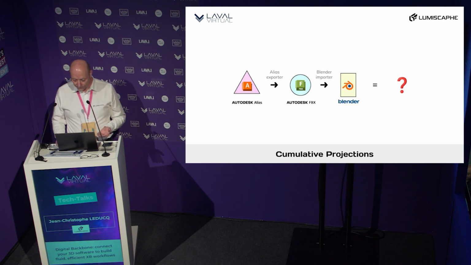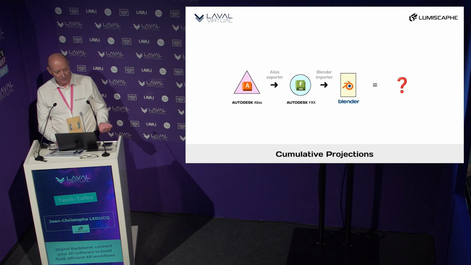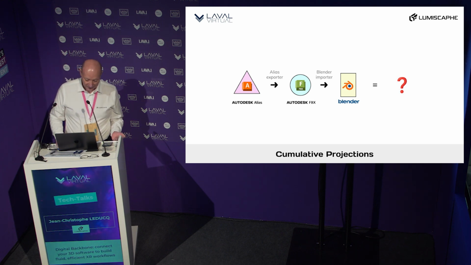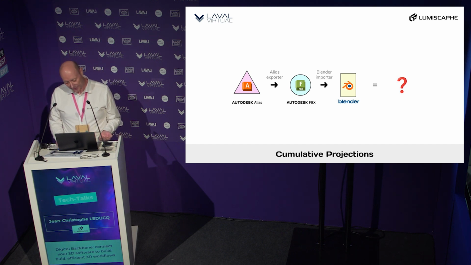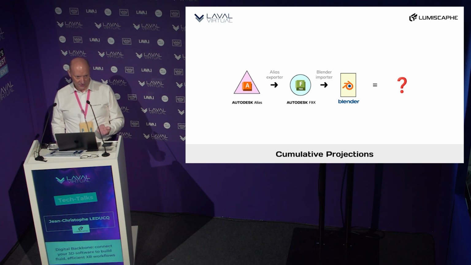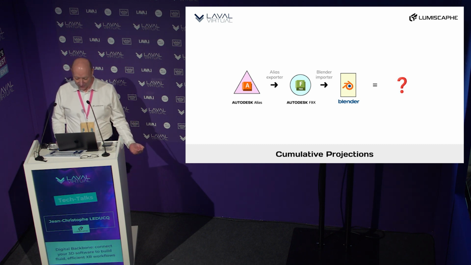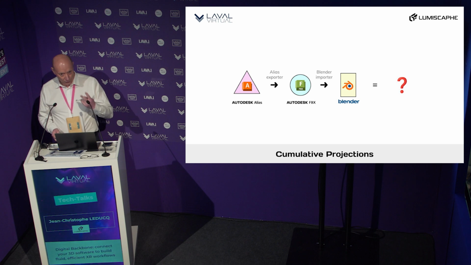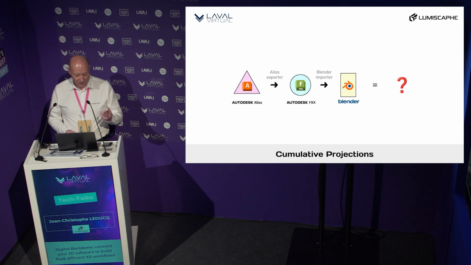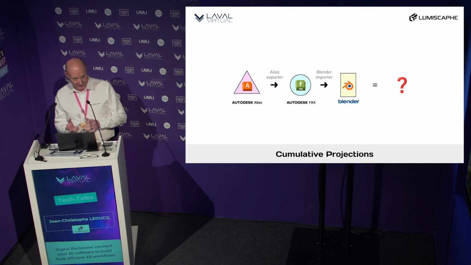So now, let's suppose that we have on the left Autodesk Alias software that exports my asset in FBX. And then we import that FBX file in Blender. What happened? We have two projections: from the Alias dataset to FBX, which is not the same universe, and from FBX to Blender, which is not the same universe once again.